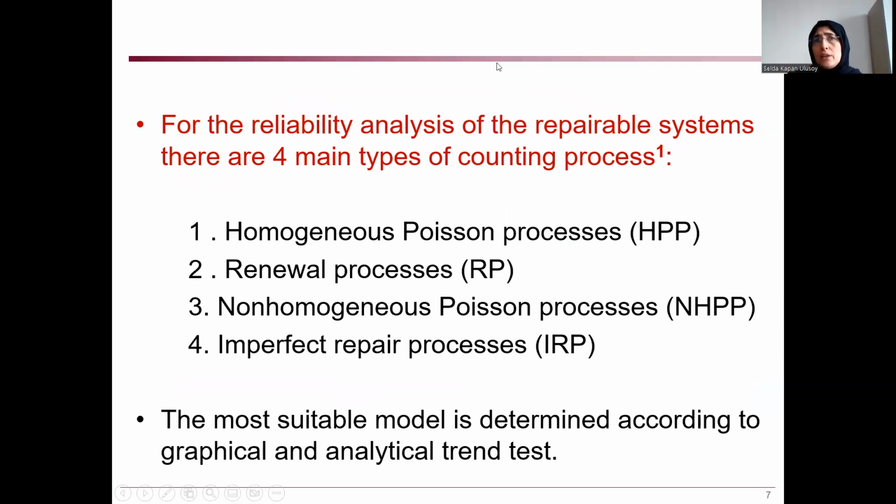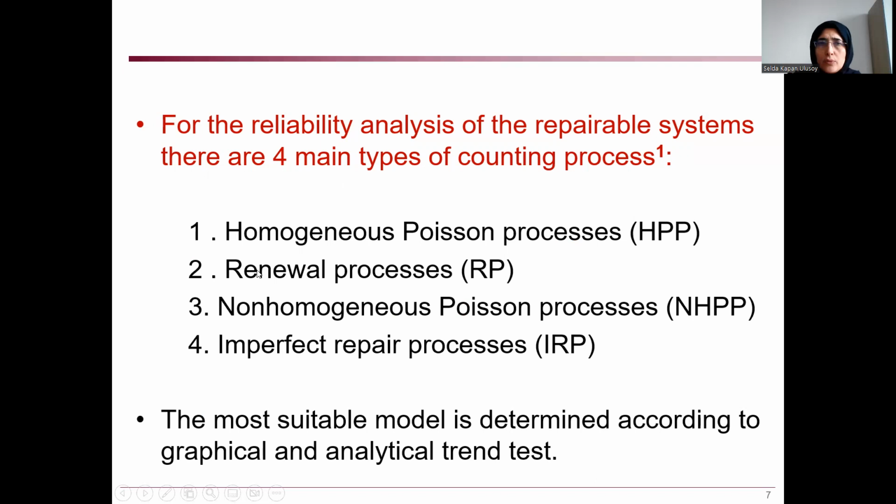So basically, there are four main types of counting process model. These are the homogeneous Poisson process, renewal process, non-homogeneous Poisson process, and imperfect repair processes. All models here have different assumptions.